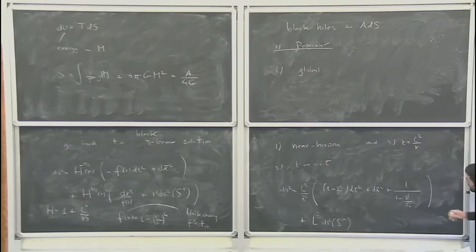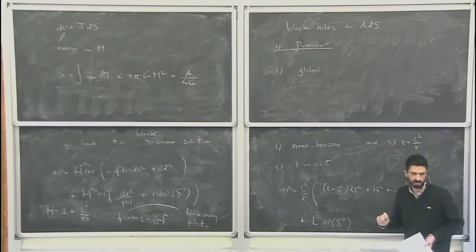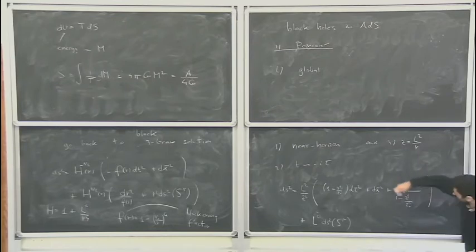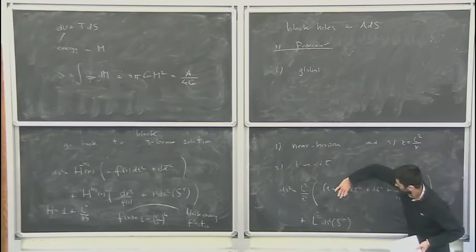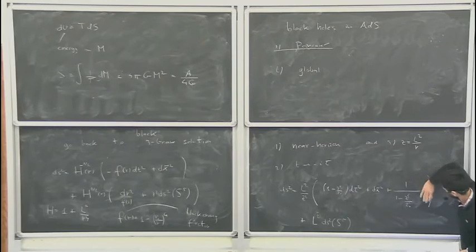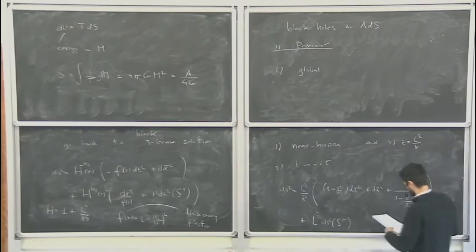And again, when this deformation is not present, which in these coordinates means sending z star to infinity, you are back to exactly AdS5 in the Poincare coordinates. And having a finite and non-zero z star, it's a deformation of AdS5 in Poincare coordinates.